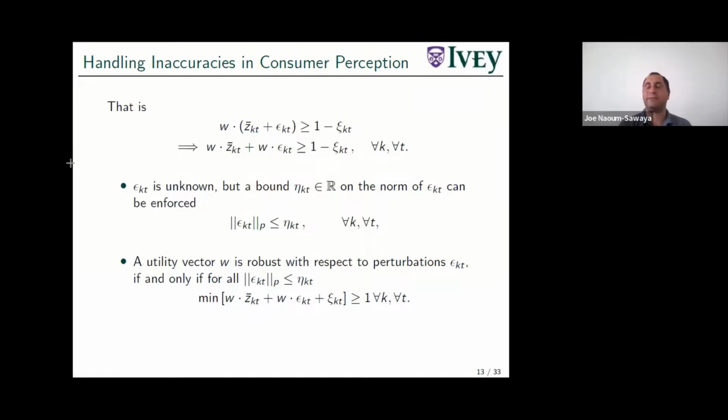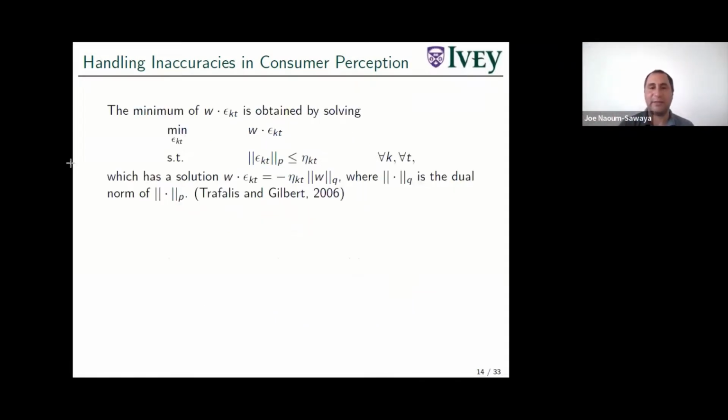So I want to come up with a utility vector, a preference learning model, such that I know there is some error in there, but the cumulative error in this utility vector should be as minimal as possible. So I would like to minimize this weight W multiplied by the errors that exist, knowing that the errors are bounded by a certain bound.